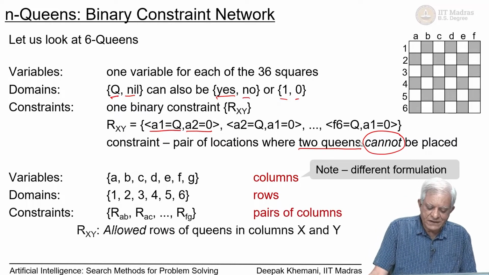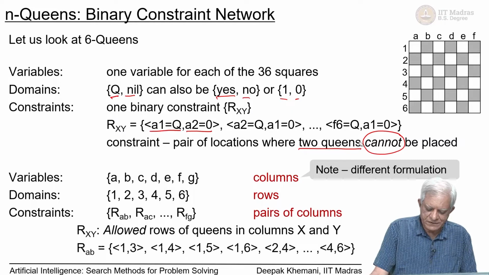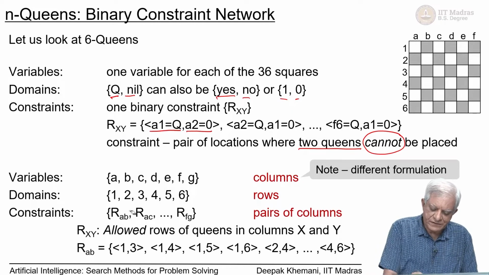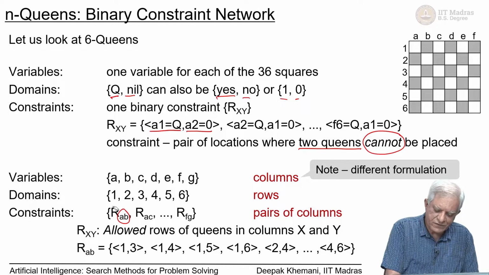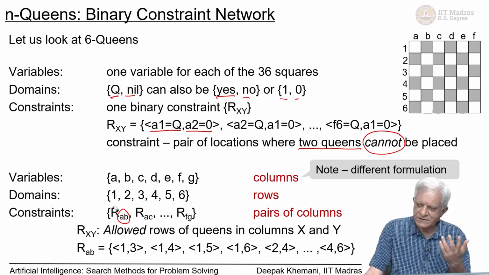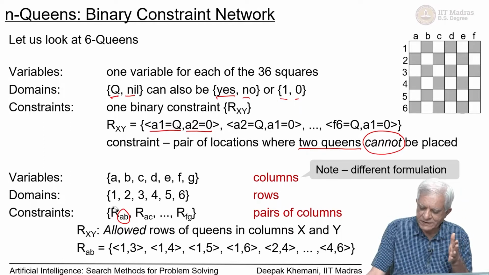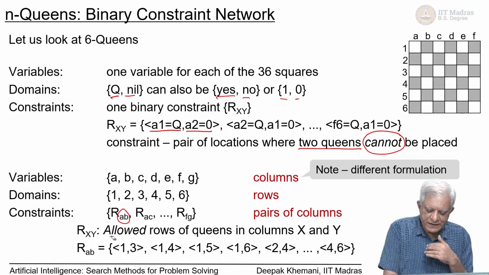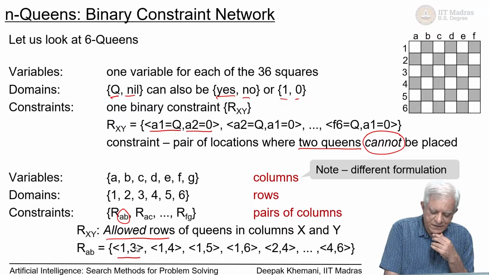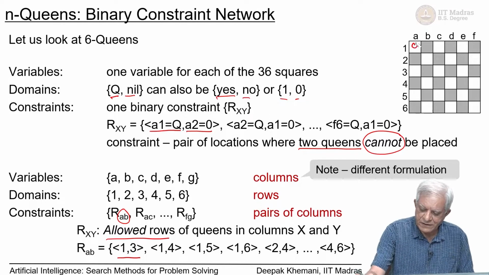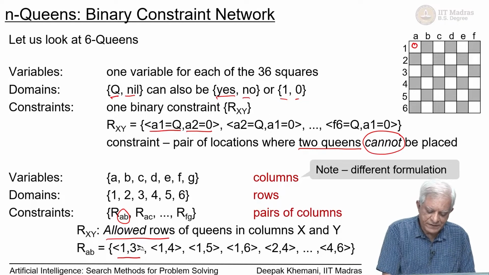The constraints are now on all pairs of variables which are columns. So, for example, where can you place 2 queens in the first 2 columns, and now we are talking about allowed rows essentially. So, we have said that for example, in column A you can keep it on 1, and in column B you can keep it on 3. So, that is allowed.